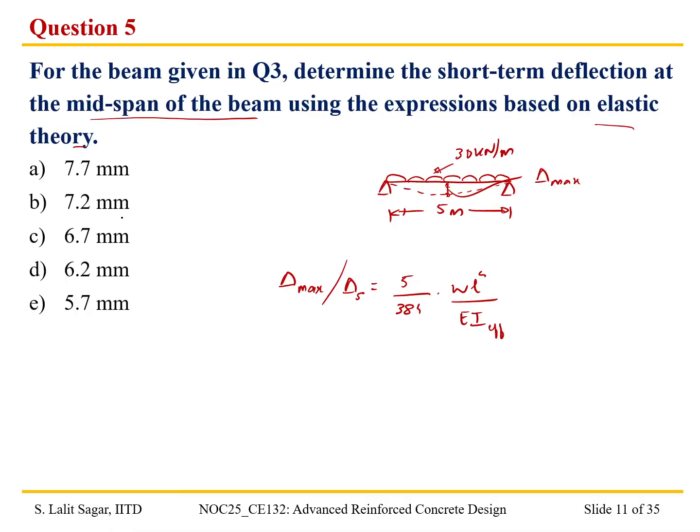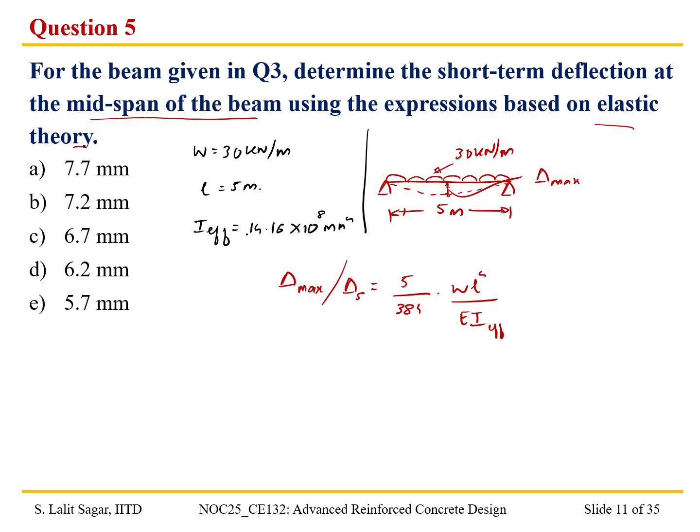W is 30 kN per meter, L is 5 meters, and I effective is 14.16 into 10 to the power 8 millimeter to the power 4.